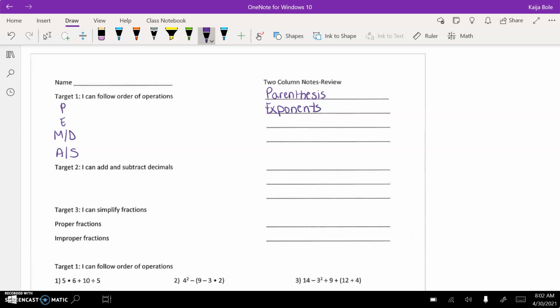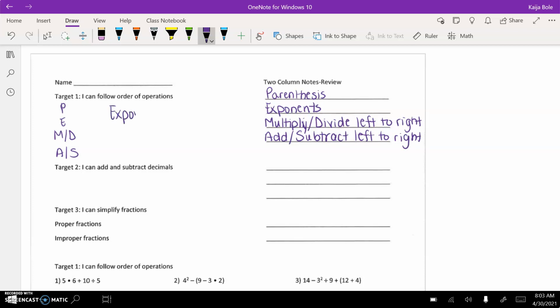And now the next one, why I put the M and the D together, it's multiply, or divide from left to right. So it depends which one comes first. And then we have add, subtract, left to right.